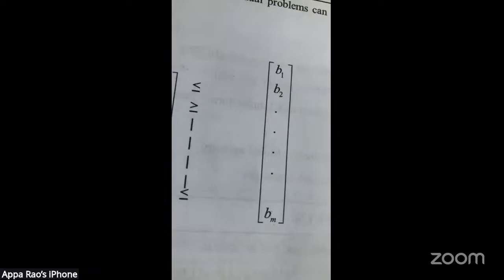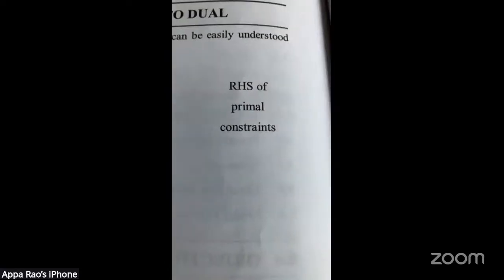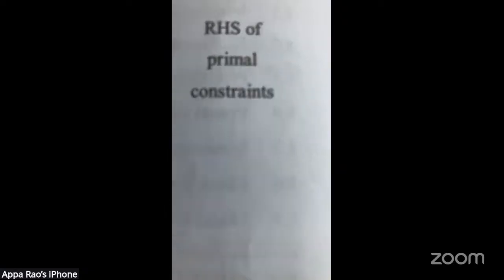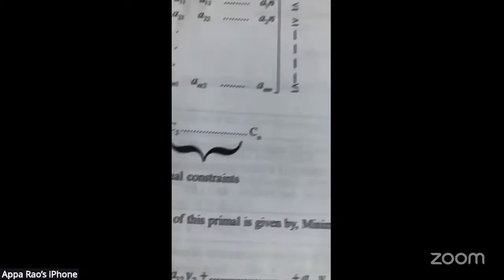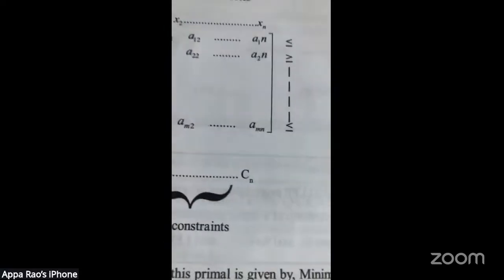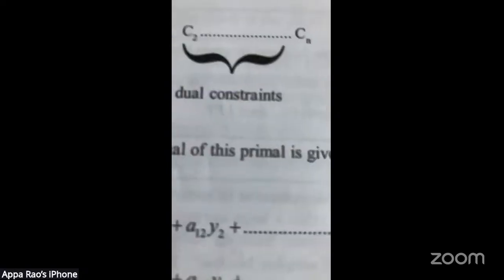Then b1, b2, etc. are the RHS of the primal constants. Next c1, c2, etc., cn are the dual constants.